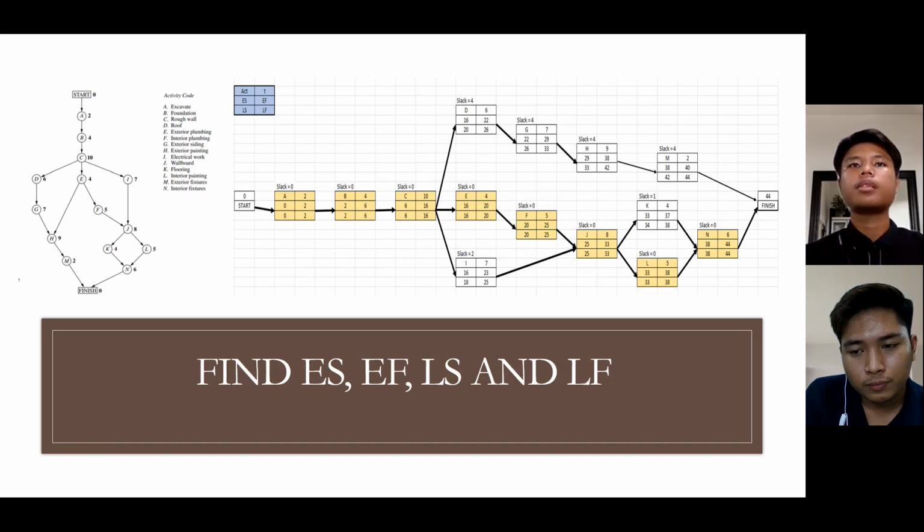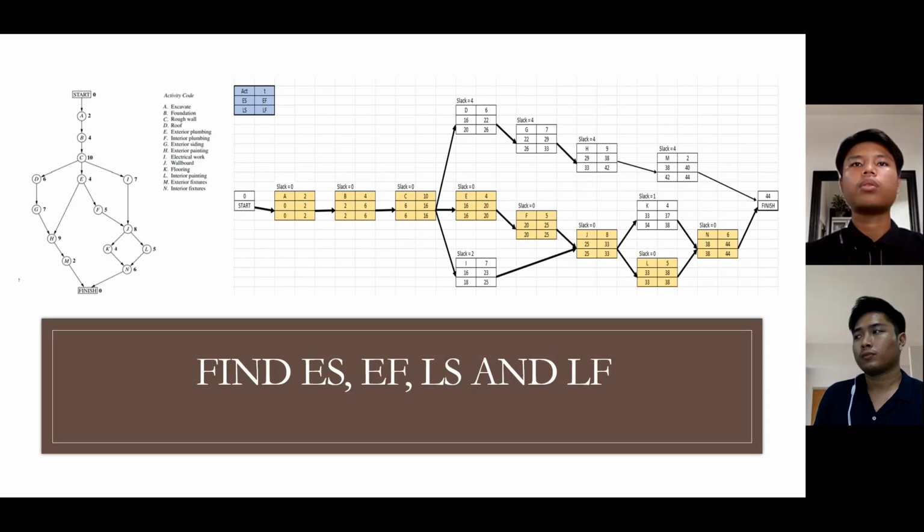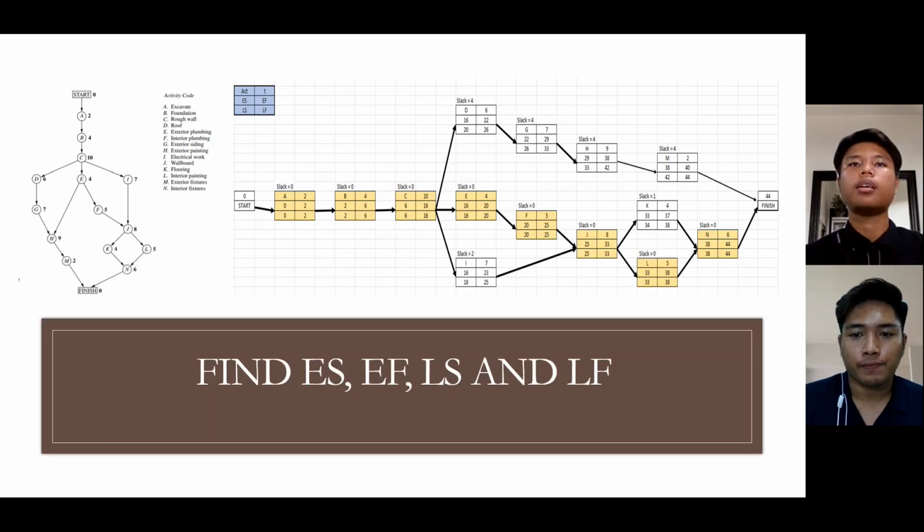So we can see the flow. We will go to B. It's the same as before: 2 plus 4 and we get 6. We call this the forward pass: early start and early finish is the forward pass.